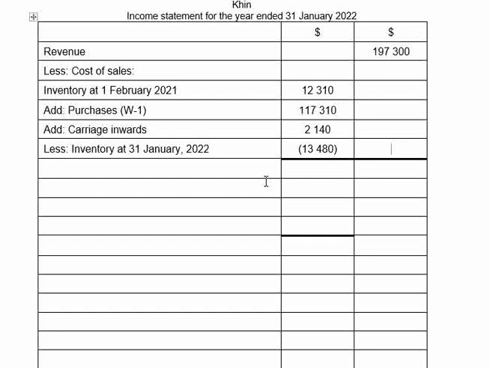Okay. So we will see how much it is coming here. So we will take out the calculator: 12310 plus 117310 plus 2140 minus 13480. So this is 118280. So this is our cost of sales.